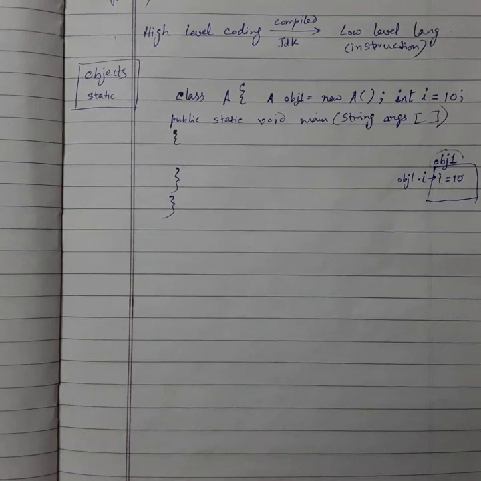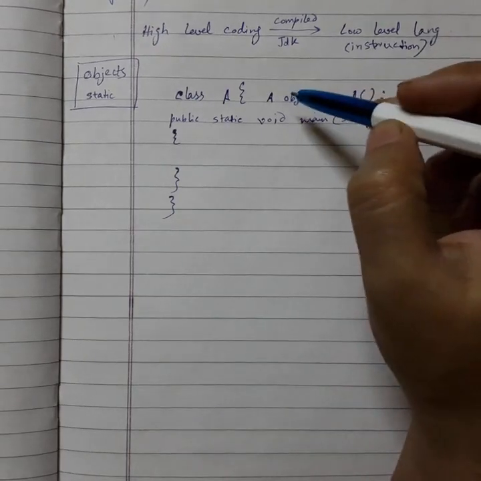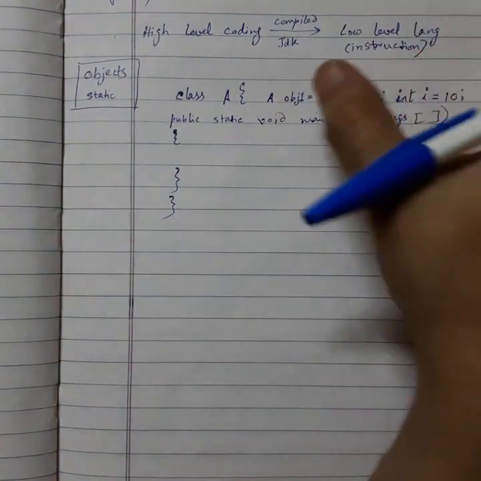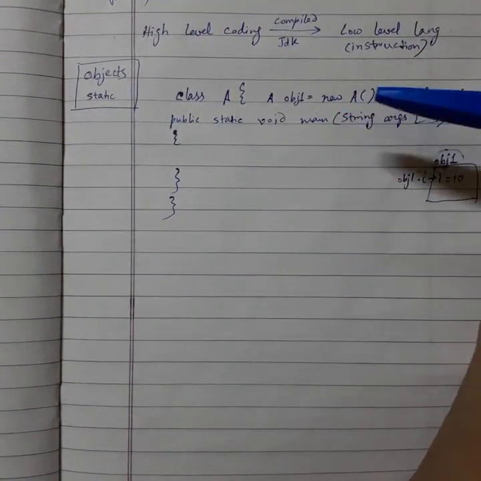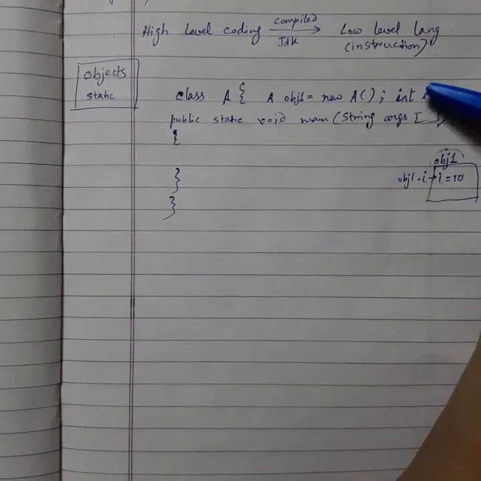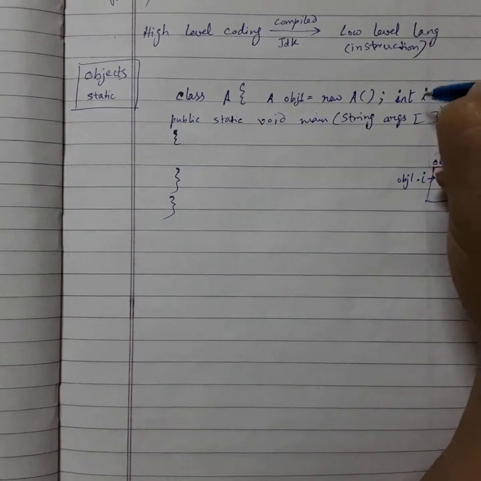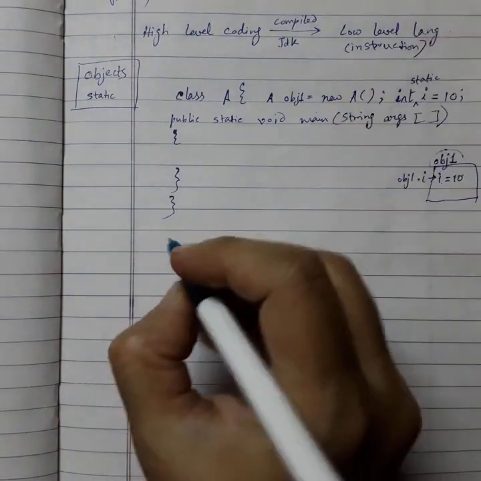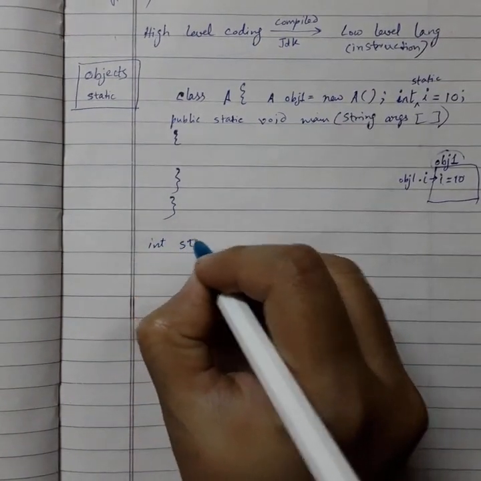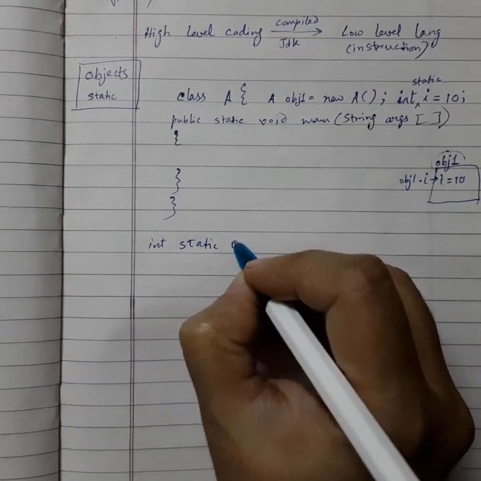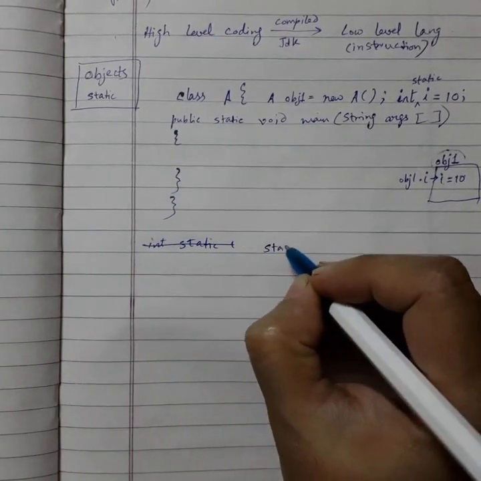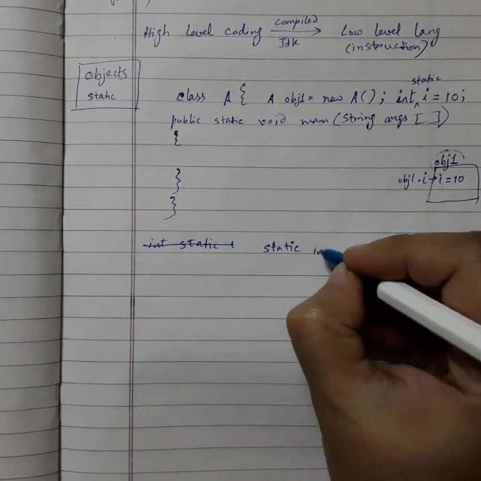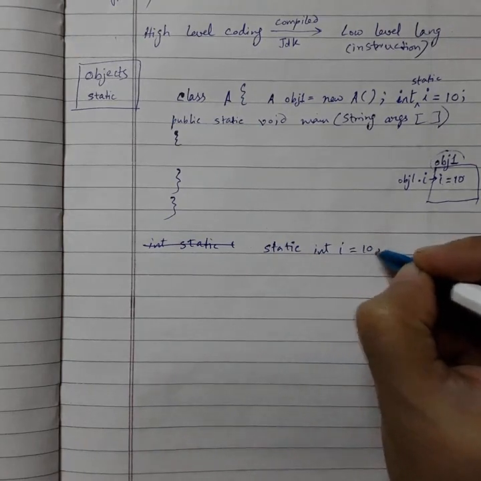Now if there is no data, there is no object, suppose this line obj1 equal to new A is not there, only this variable is there. In order to access this variable we can use the word static. It will look like static int I. There is an order followed, static int I equal to 10.